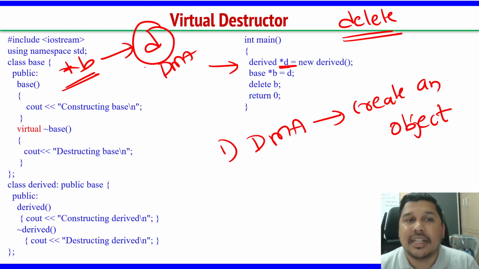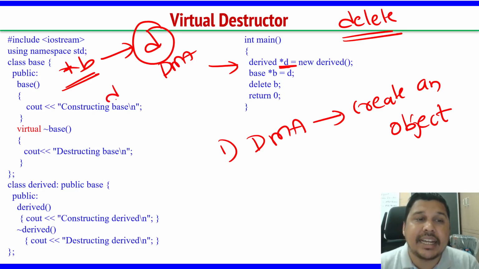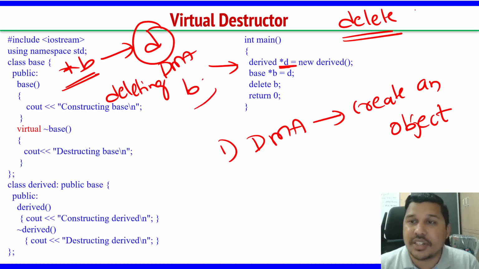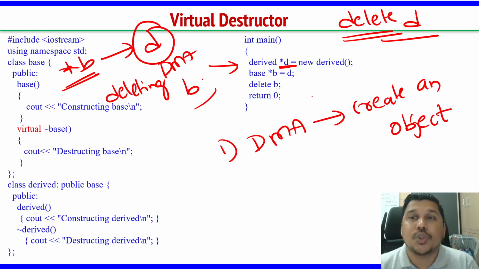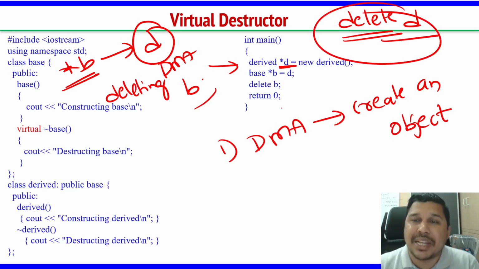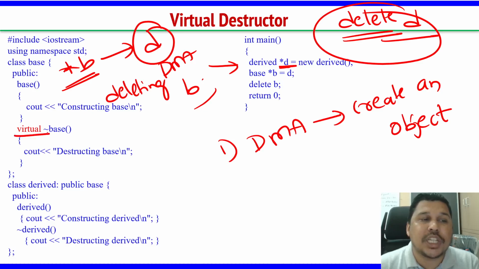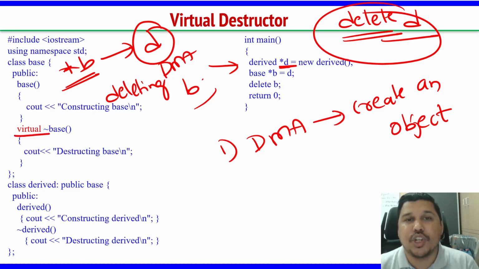This D I am assigning to this base class object, and I am deleting the B only, not this D. So to implicitly delete D as well, just put virtual in the base class. When you put virtual in the base class, then both the destructors will be executed.